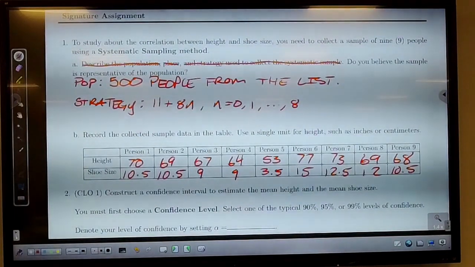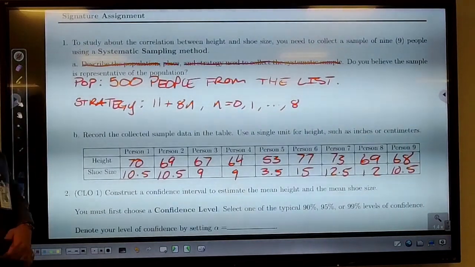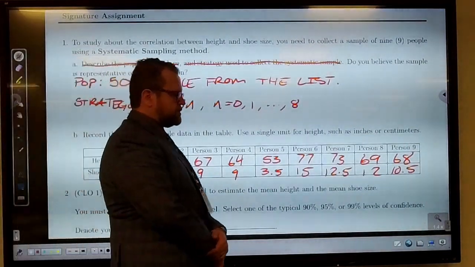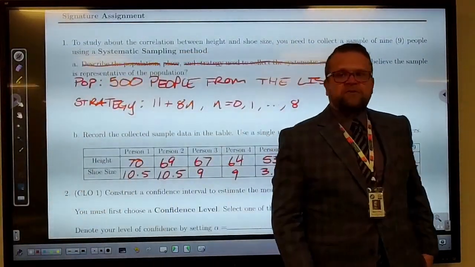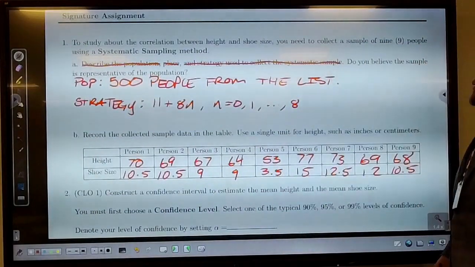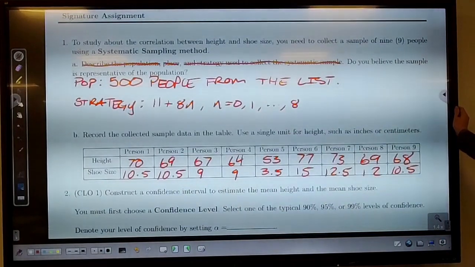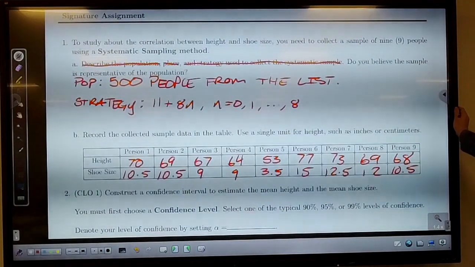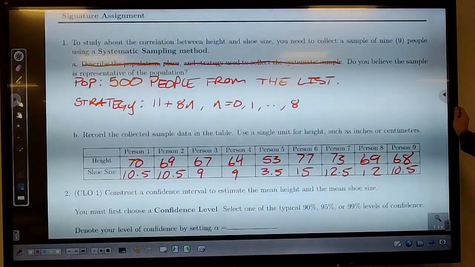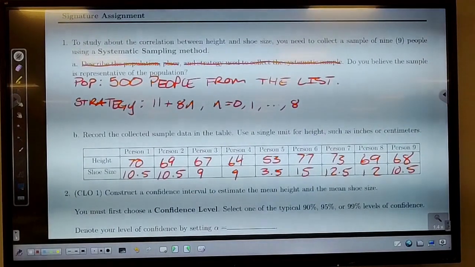Do you believe the sample is representative of the population? I'm not so sure that that question has a right or wrong answer. For it to truly be answerable, we would need to discuss, or I'll say it like this.